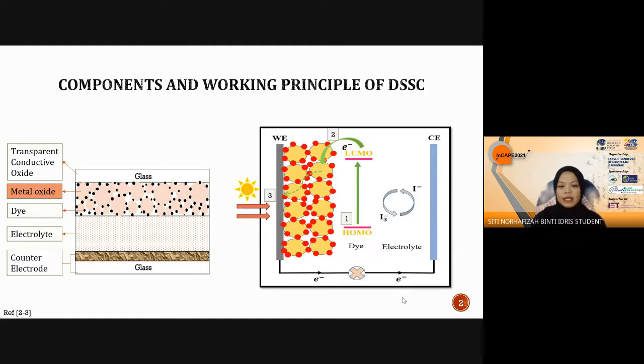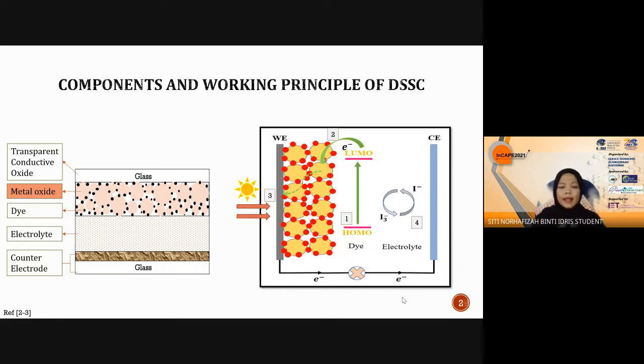Third step is transportation of carriers, where the injected electrons are transported through the external circuit and reach the counter electrode. Last step is collection of current, where iodide is regenerated by reduction of triiodide.